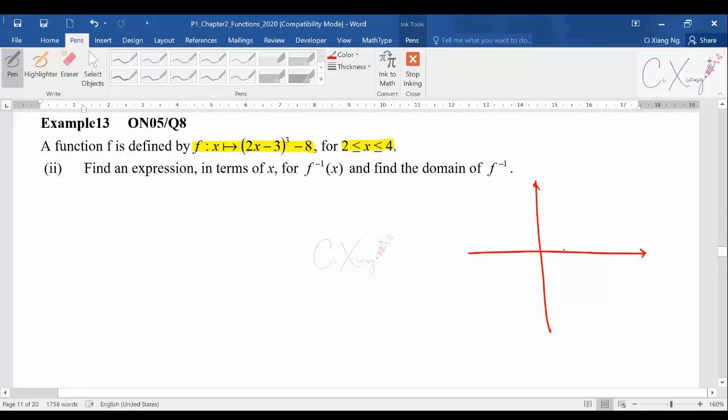Let's say when my x is equal to 0, what will happen to the y? When x equals 0, the y is negative, right? Very negative. Never mind, I will roughly draw the graph like this.